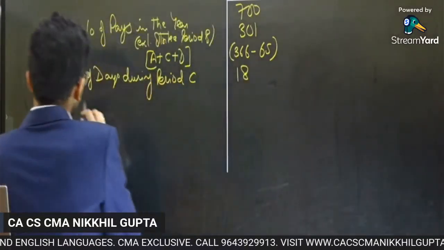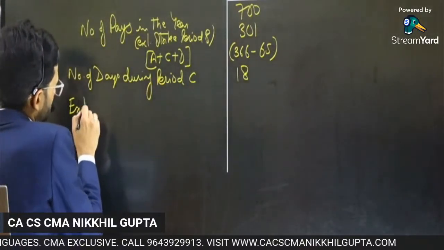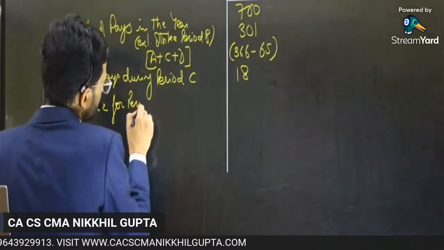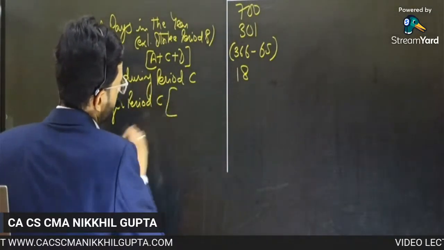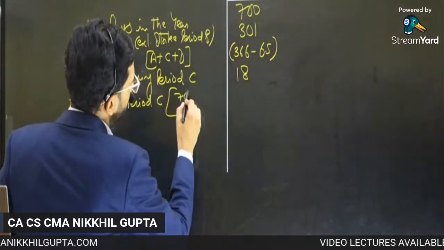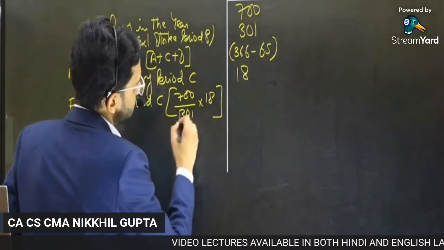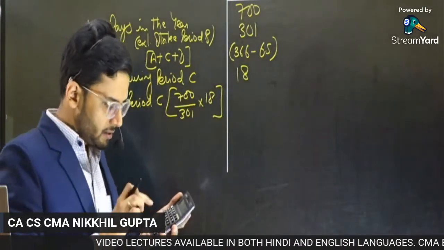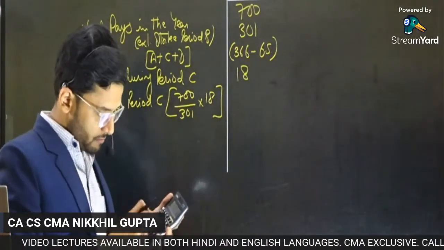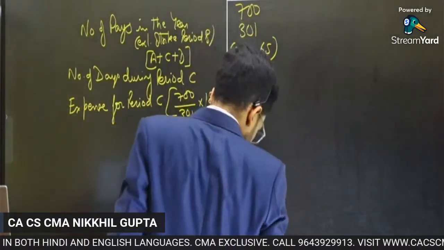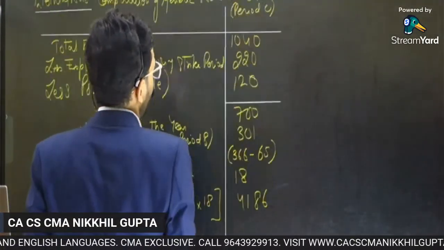Now, what is the expense for period C? It's 700 divided by 301 multiplied by 18. That is the prorate. It comes to a figure of 41.86.